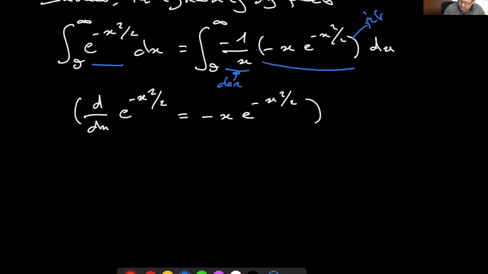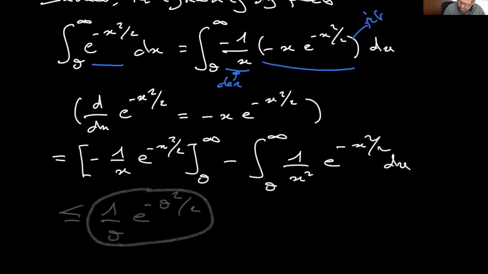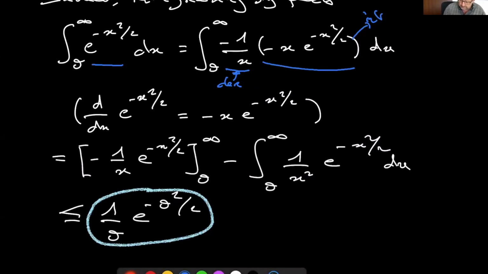And so you get this identity, and the integrated part of this integration by parts will give you an upper bound for this integral here, since there you have this minus sign, which tells you that the quantity which is here is non-positive. So we have this as an upper bound.